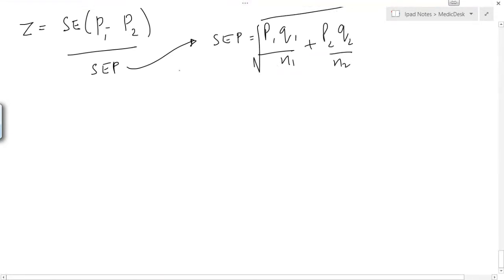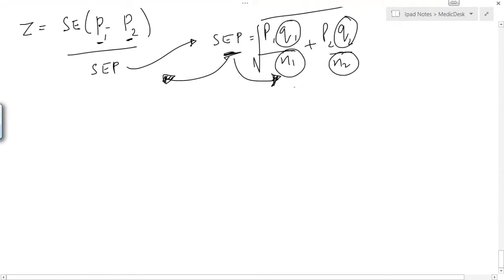This value when calculated will give the SEP. P1 and P2 are given in the questions, from which we will find Q1 and Q2 respectively. Sample size is also given. So you only need to find this standard error of proportion using this formula, put this value here, take the difference of P1 minus P2, and we get the Z value.